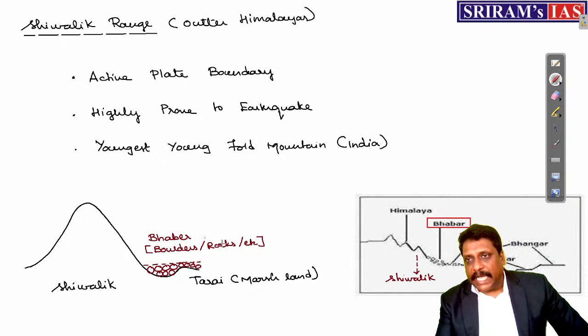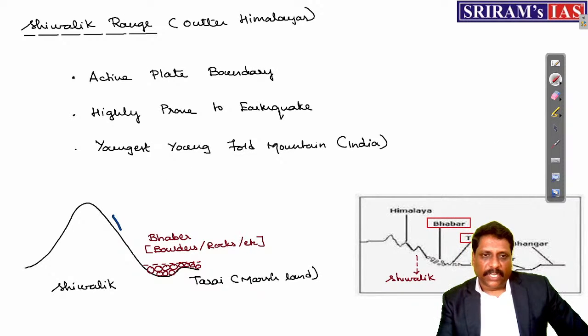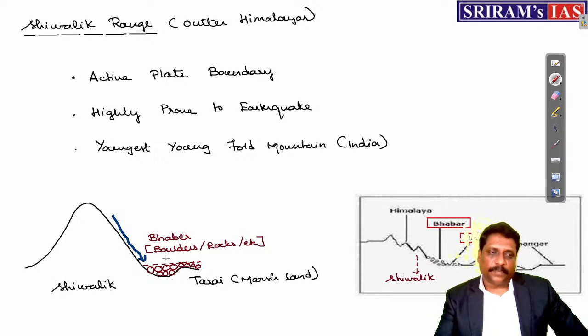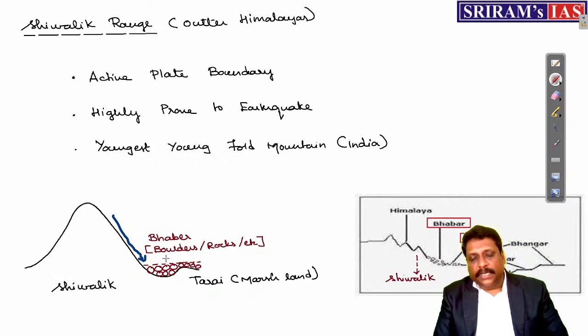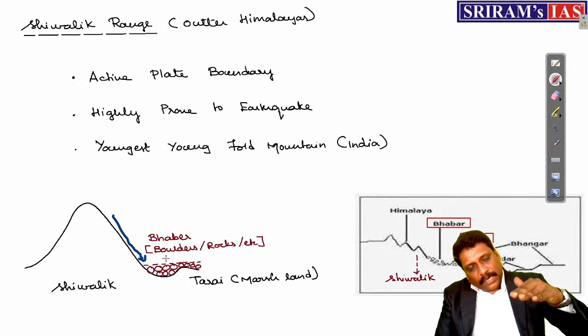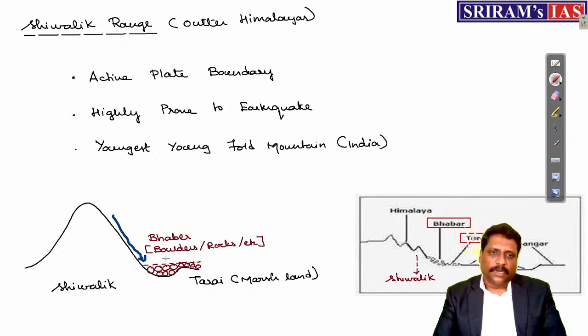And see, Babar is big boulders and rocks. And whenever I have a river which is descending along the Shivalik, as and when it touches the ground, two things can happen. Because you have so much void in this region, this river can temporarily disappear and reappear. Possibility number one.